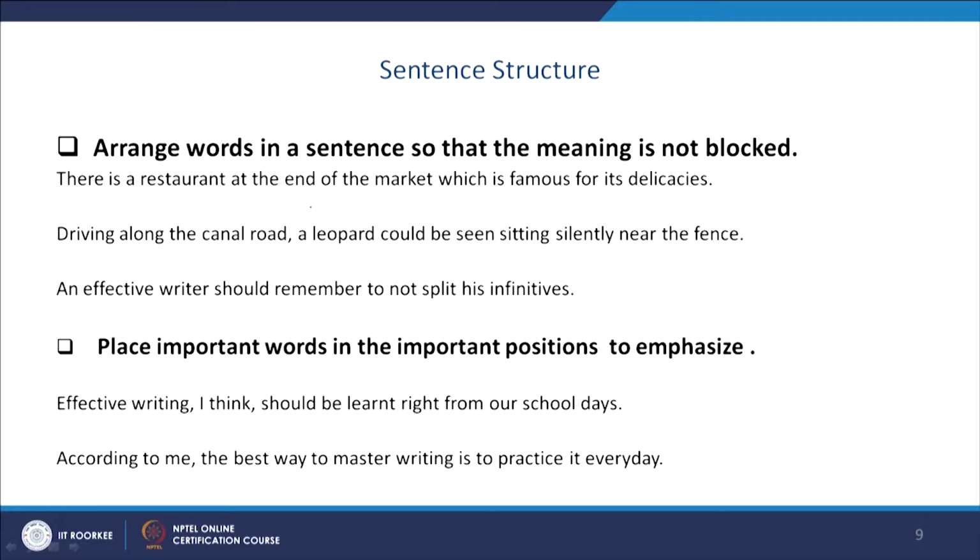You are talking about the restaurant which is famous for delicacies, but the way you have structured it, you say market which is famous. So the market is being referred to and not the restaurant. It is a case of paying less attention to the sentence structure.